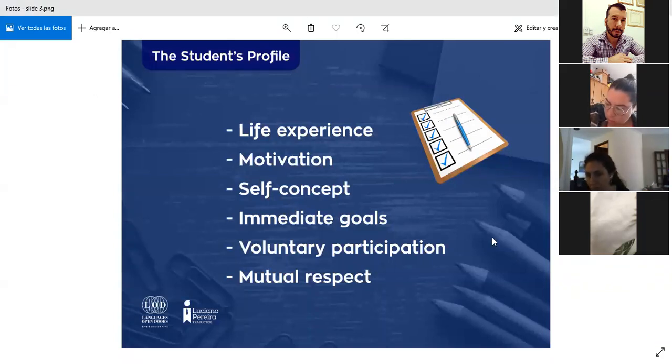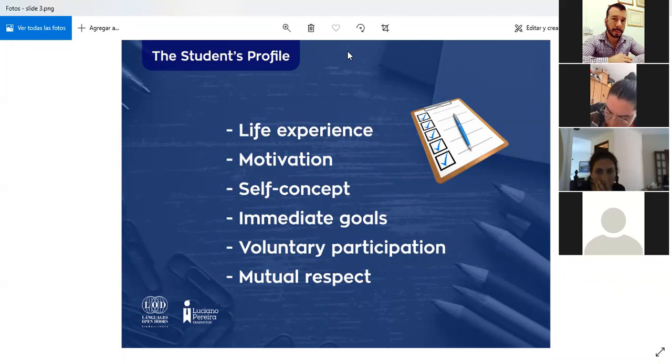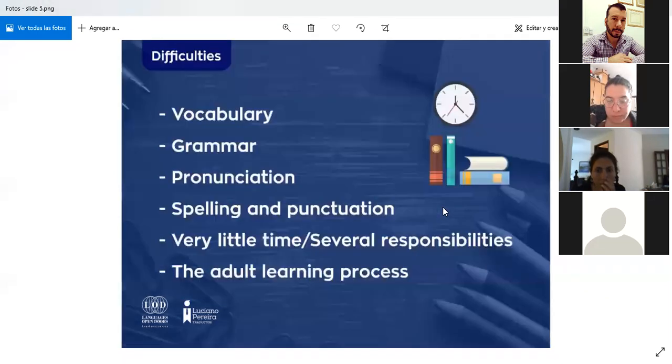Student's profile, lo que vimos primero. Y pasamos ahora, seguimos con las difficulties. ¿Listo, Romy? ¿Copiaste? Listo, gracias. Okay, you're welcome.